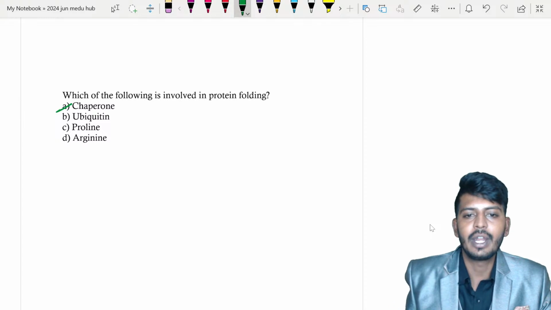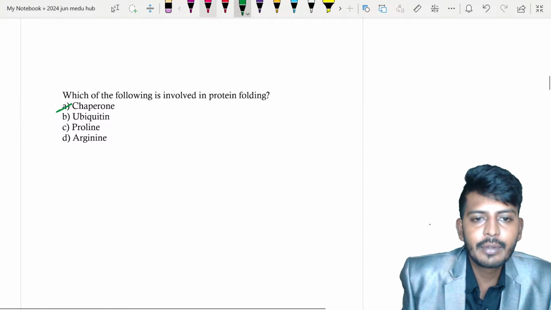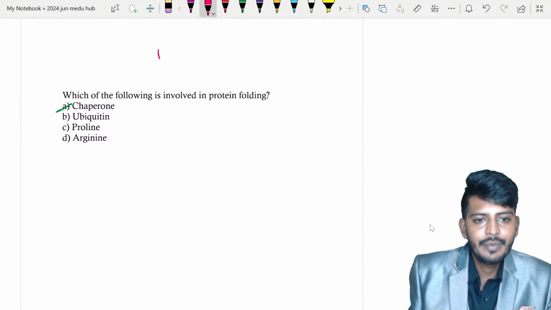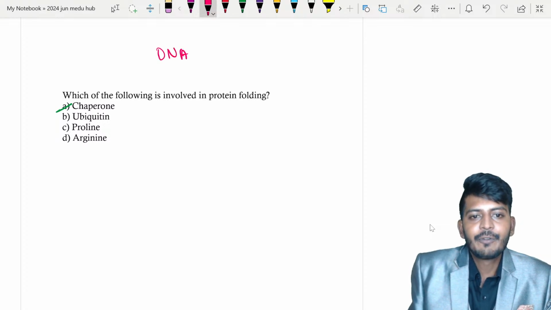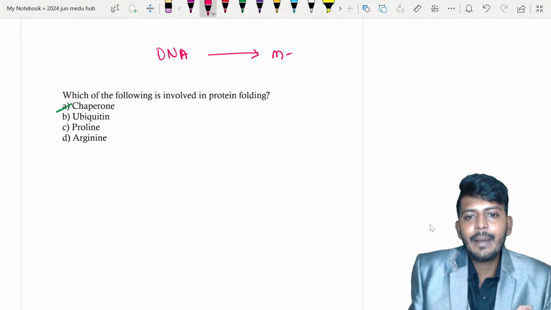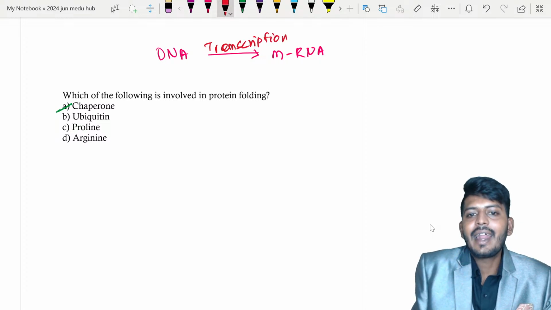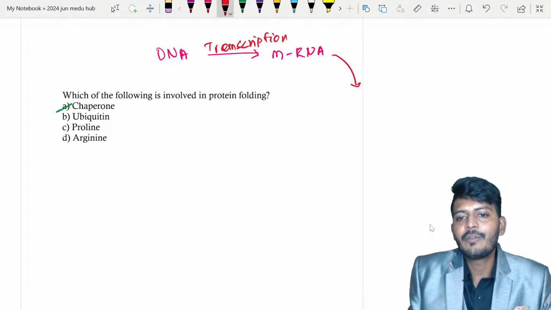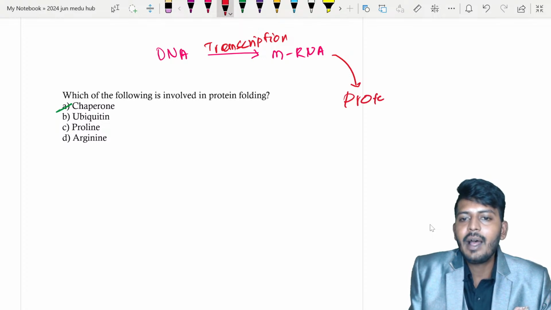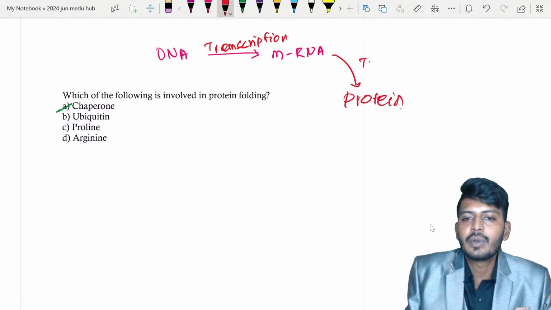So what is protein folding? Listen to me. We have DNA, and from the DNA we get mRNA. This is what you call transcription. After transcription, mRNA will form the protein.